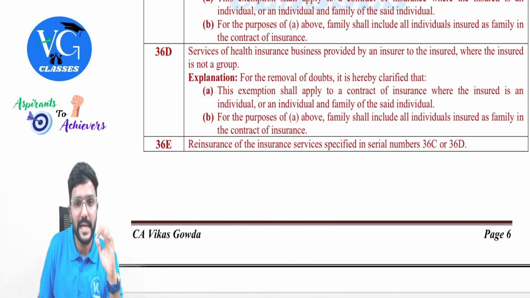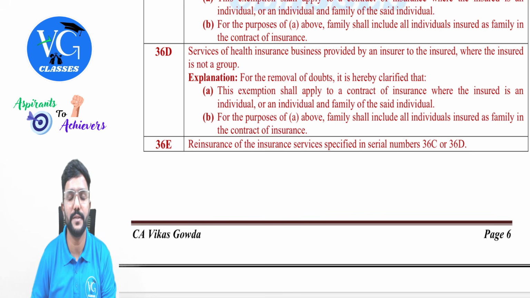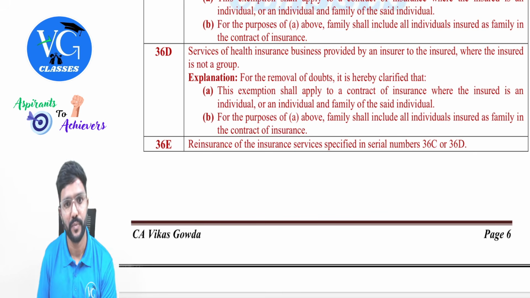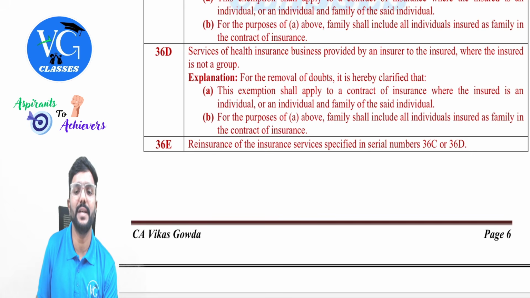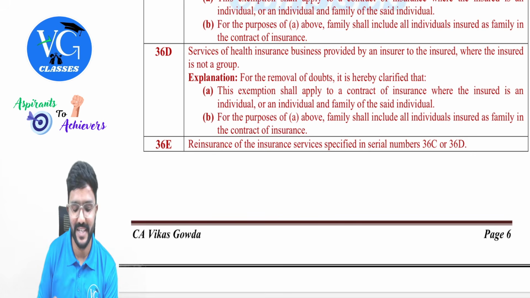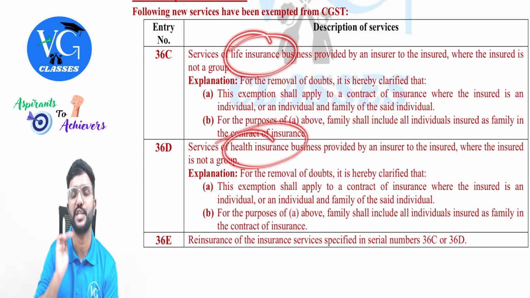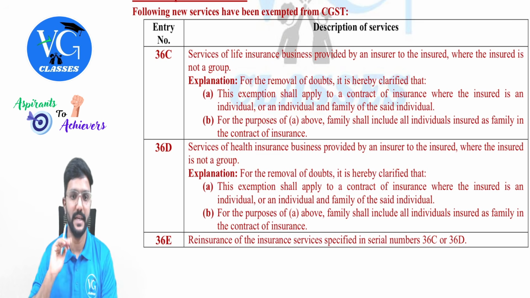The explanation: for the removal of doubts, it is hereby clarified that this exemption shall apply to a contract of insurance where the insured is an individual or an individual and family of the said individual. For the purposes of A above, family shall include all individuals insured as a family in the contract of insurance. Is that clear, guys? Same to same provision. Only thing is the type of insurance policy has changed. That's all. Provision is same to same. Is that clear?